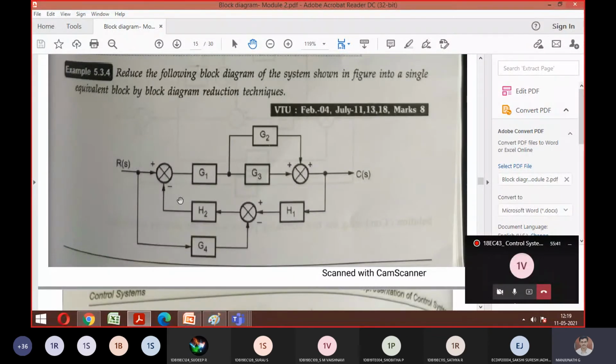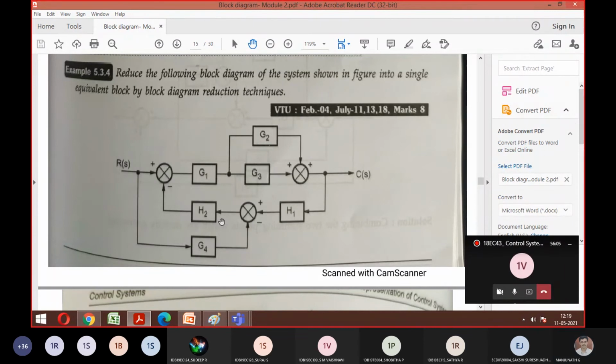Okay. Next, this category is what I want. This is what I taught you yesterday: how to split this summing point. The summing point is there for this H2 also and G4 also. Correct? How will you split this? See, until you split this category, you can't move further.